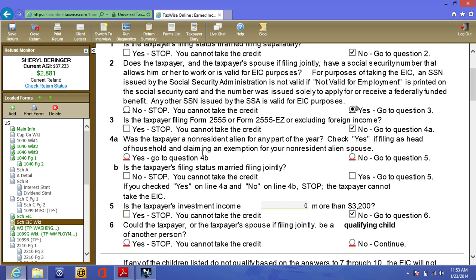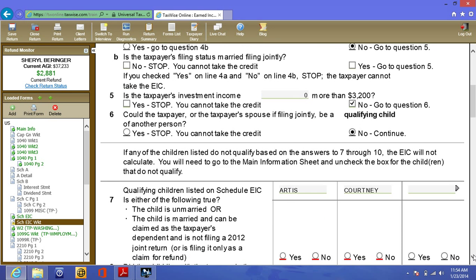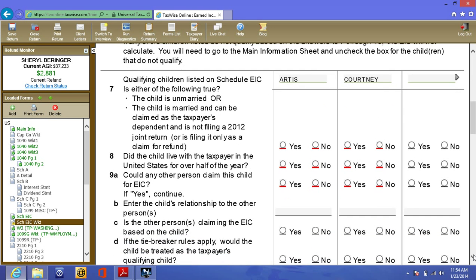Was the taxpayer a non-resident alien for any part of the year? No. Could the taxpayer or the taxpayer's spouse, if filing jointly, be a qualifying child of another person? No, she's not. So qualifying children.